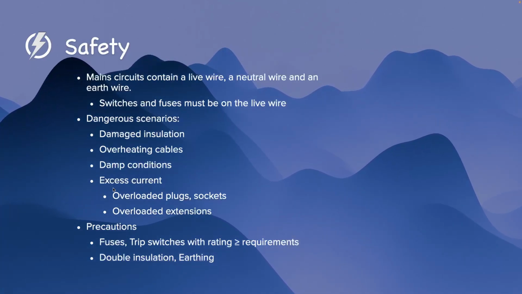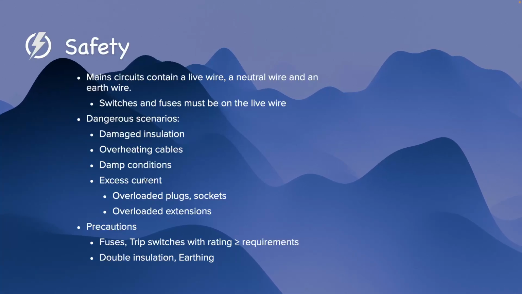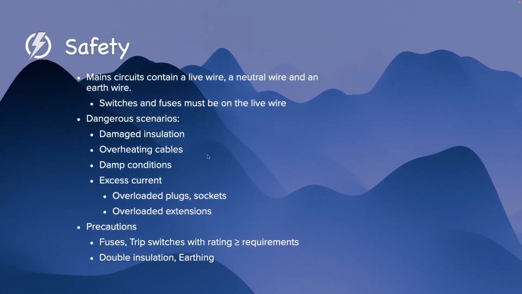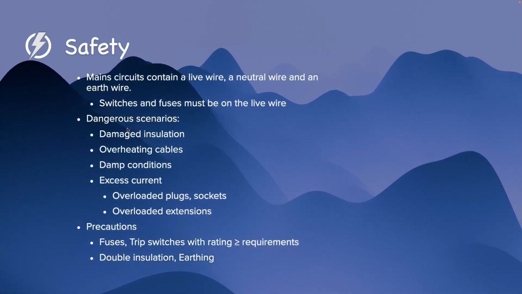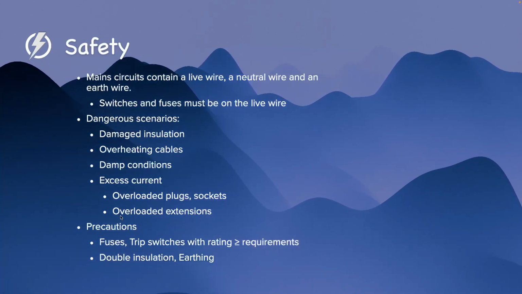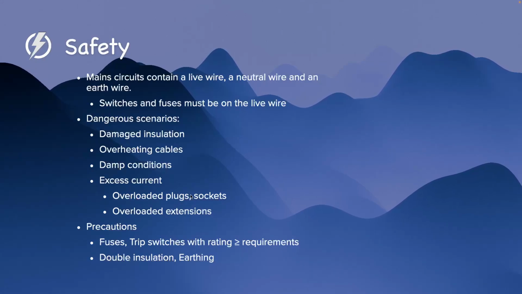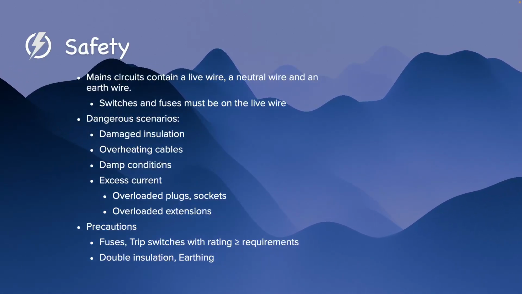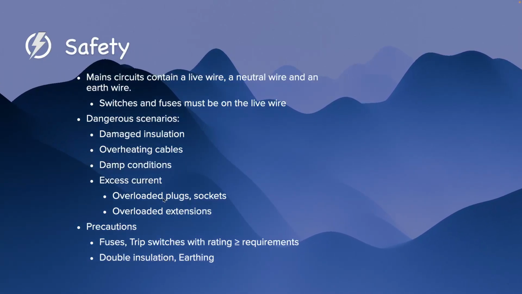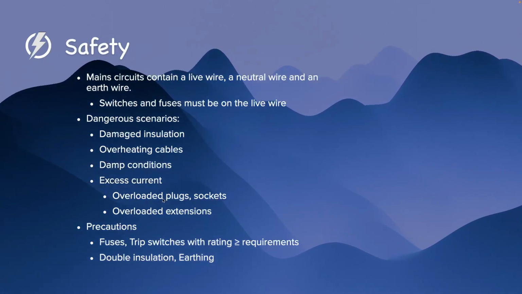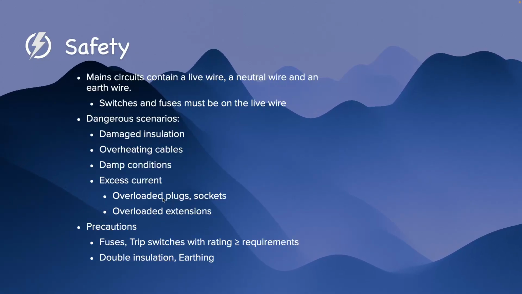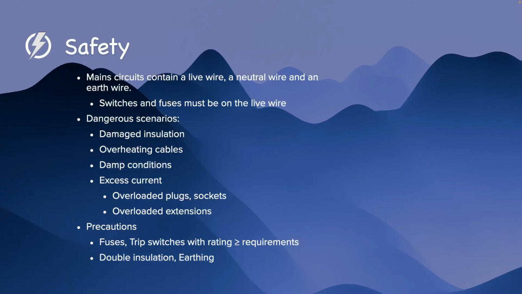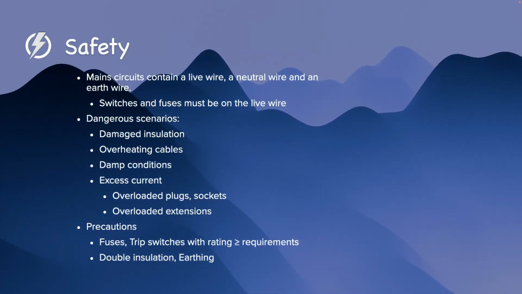Right. Excess current passing through any component or any switch or any extension could lead to overheating, insulation damage, all of that stuff. This is one thing that you must prevent when designing your circuit. The precautions that you can take against these dangerous scenarios are fuses, which would burn up and turn off the circuit in case excess current passes through, or for example, if there's a short circuit.